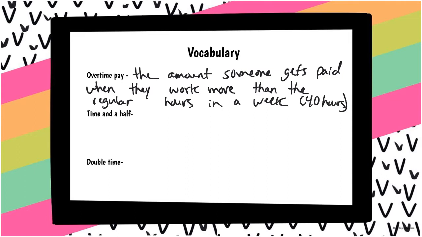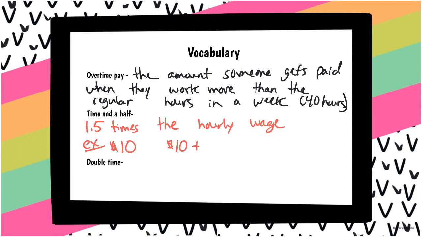Time and a half pay, which is what we're going to use, is 1.5 times the hourly rate. So let's say that we got paid $10 an hour. If we got paid overtime, we would get paid a full $10 plus half of our hourly rate.